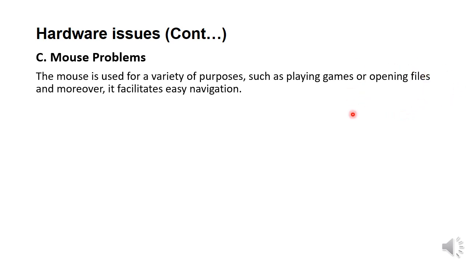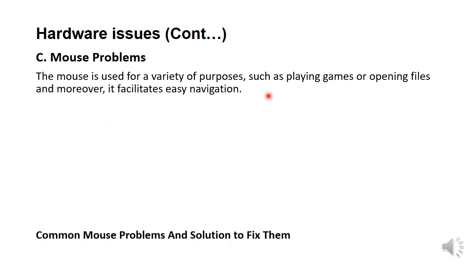You can also use a computer mouse to open files, and the mouse facilitates navigating through different computer parts without difficulties. So now let us see how we can solve these problems if they occur.